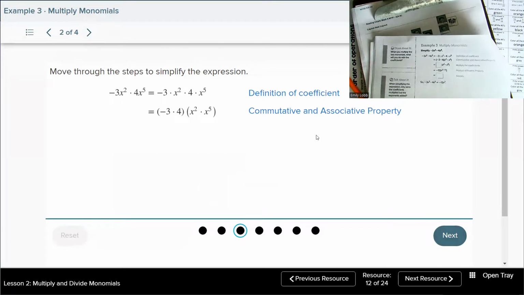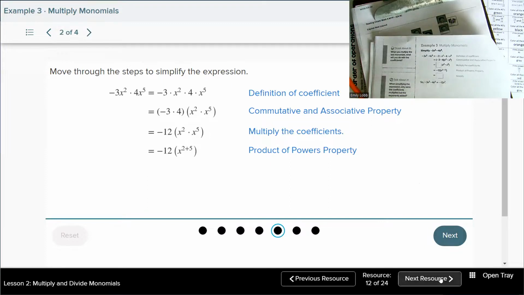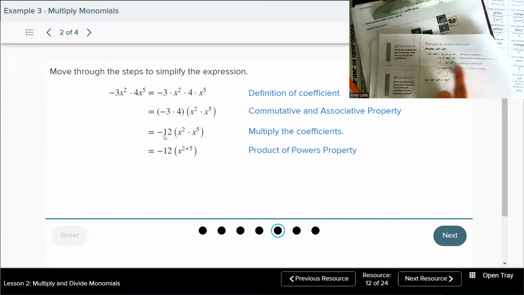Now, using the commutative property and the associative property, it doesn't matter what order we do them in, and it doesn't matter what we associate them with. We can combine them with parentheses either way. We are going to simplify it this way. We're going to multiply the coefficients. So they said -3 times 4, which is what? -12. And then they have to use our product of powers property to add our exponents. So do you see what you wrote in this first box here, where it says multiply the coefficients?